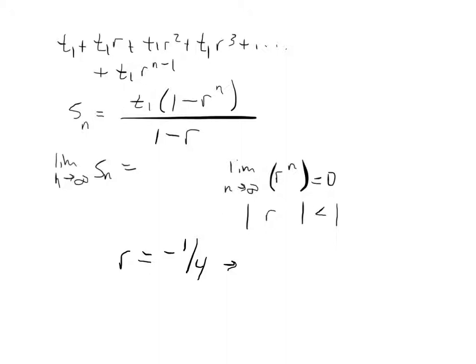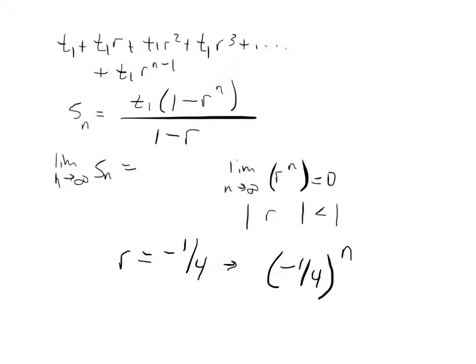If I take that negative 1/4 and start raising it to bigger and bigger powers, remember, as a sequence, I'm plugging in positive integers, so 1, 2, 3, 4, 5, 6, 7, 8, 9, 10. The larger and larger I make my power, this number is going to get smaller and smaller. Now it may alternate negative and positive, but it's honing in on 0. And the bigger I make n, the closer I get to 0.